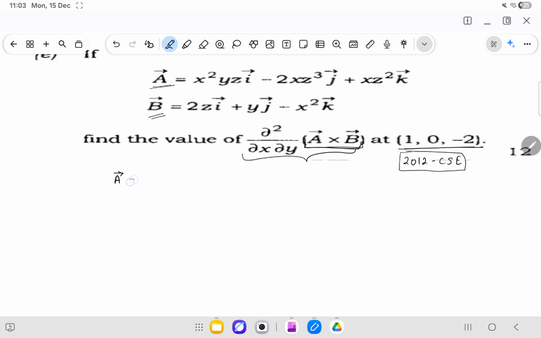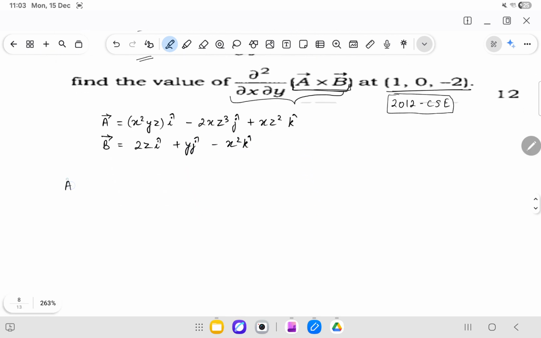So a vector is given to me as x square yz i cap minus 2xz cube j cap plus xz square k cap. Likewise, b vector is given to me as 2z i cap plus y j cap minus x square k cap. Now if I evaluate a vector cross b vector, it will be equal to the determinant of i, j and k.